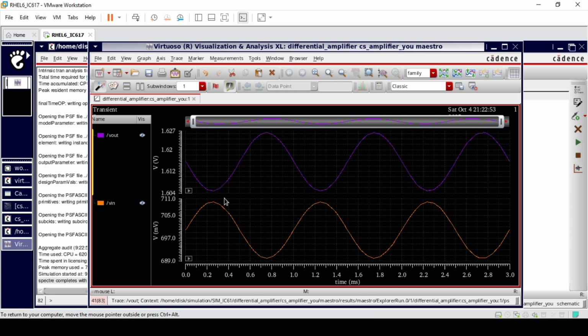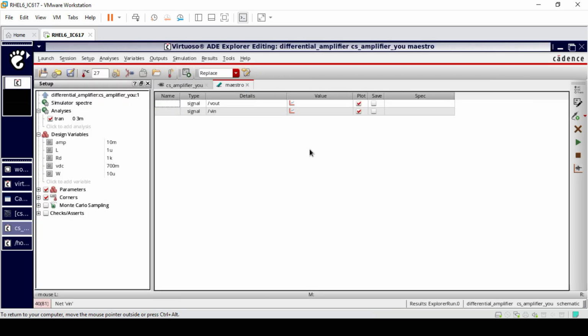There should be a 180 degree phase shift from the input to the output. If the phase shift is correct, functionally the circuit is operating. Whether you are getting the maximum gain or not, we'll see later on. First of all, we have the input signal and output signal.